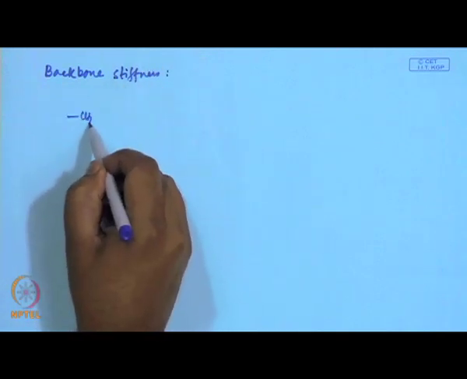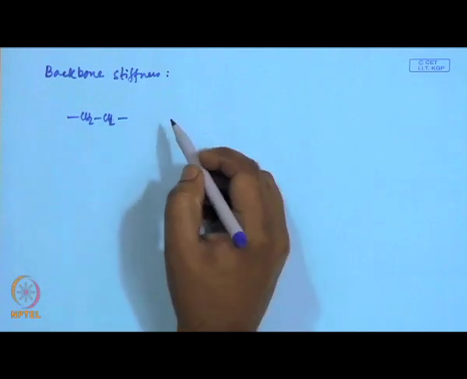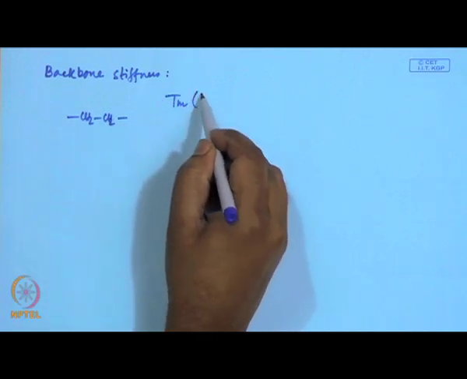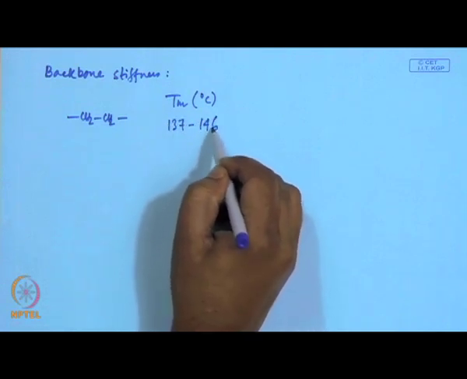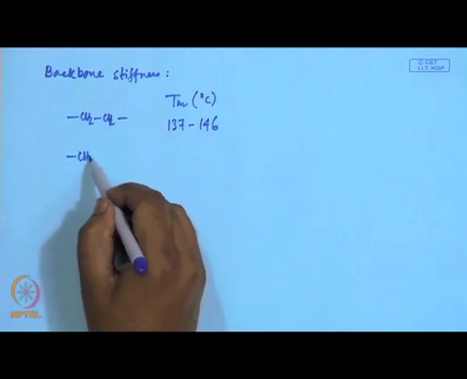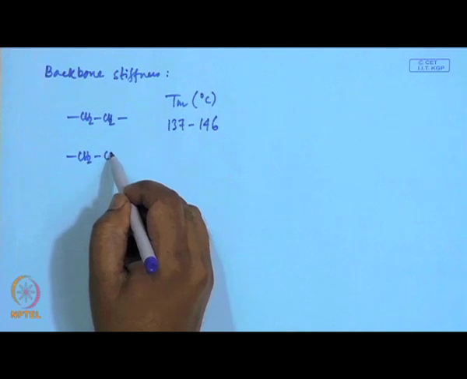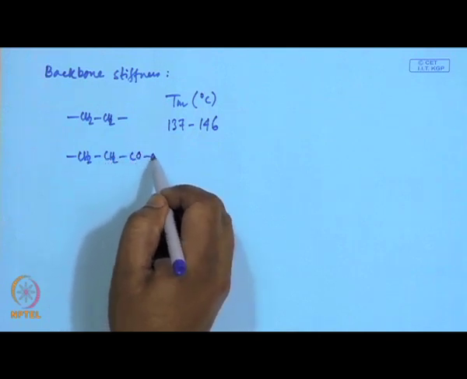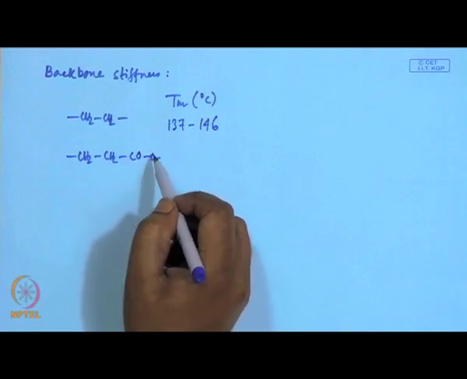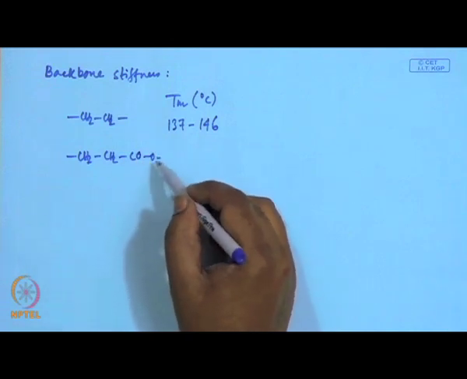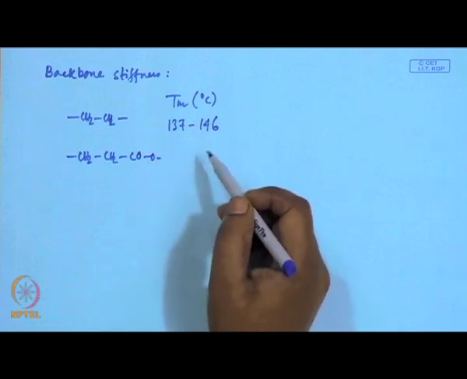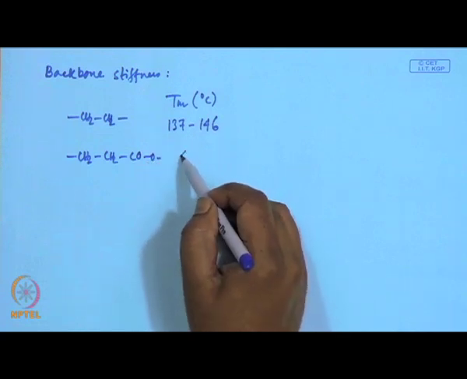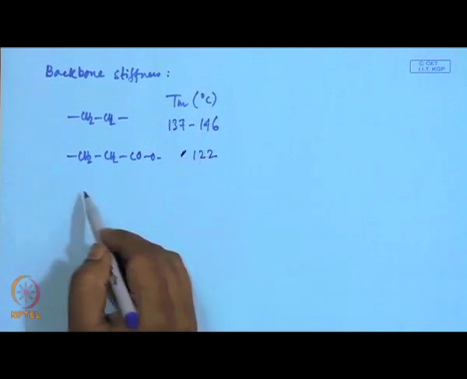So, let us talk about this first example. Polyethylene has Tm around 137 to 146 degrees. If you introduce a flexible group in the backbone, then flexibility goes up, so delta S goes up, and your Tm goes down. So, it comes to around 122.